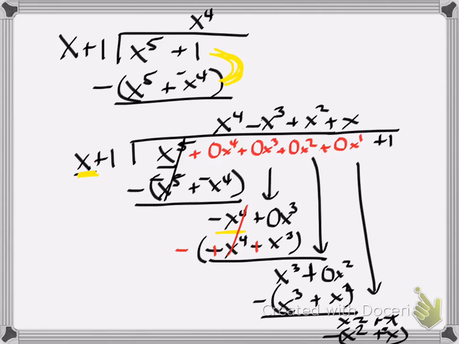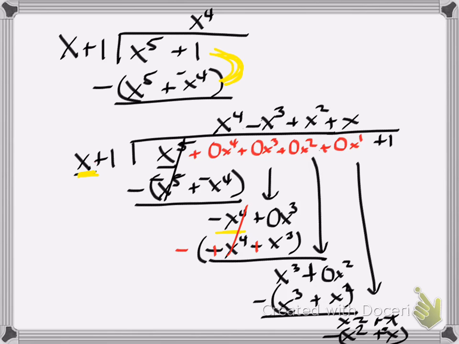Okay, x squared, and I bring down the x to the first power. Negative. It looks like I'm getting 0.